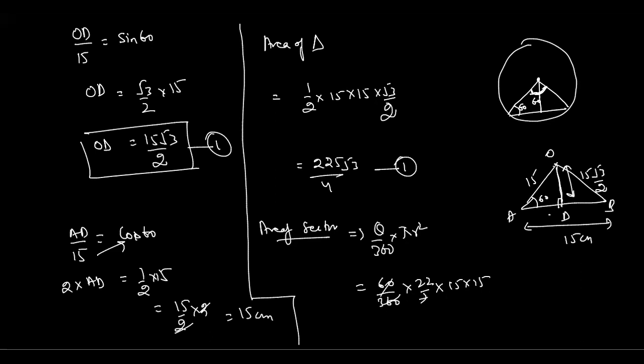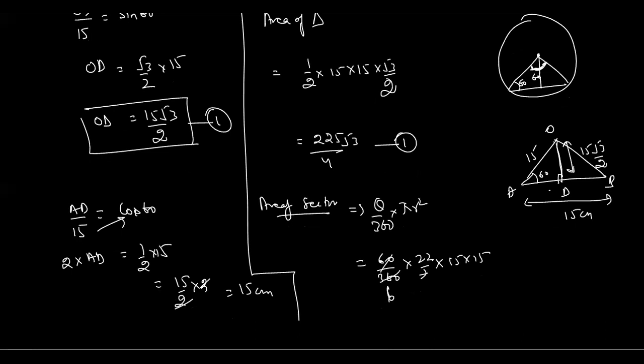So you have to write here 1 by 6, and that would be equivalent to 22 by 7 into 225 by 6.